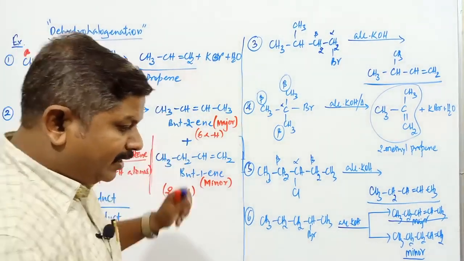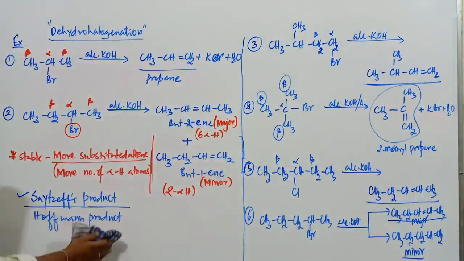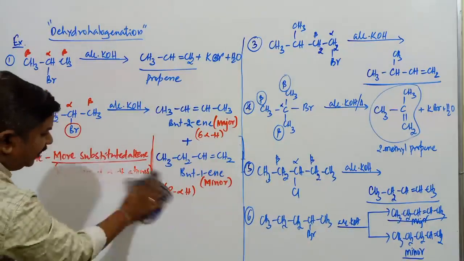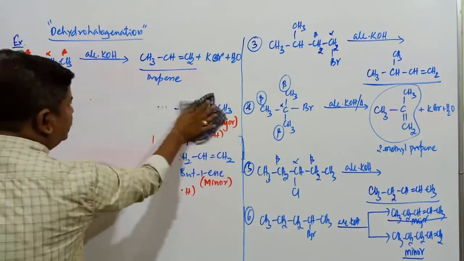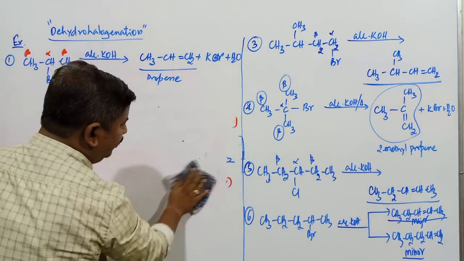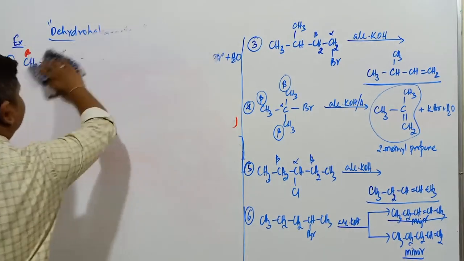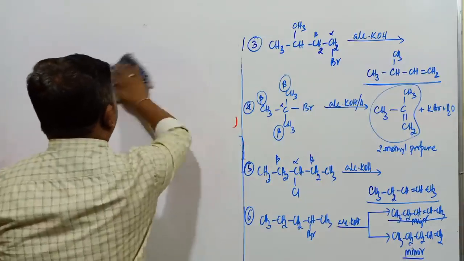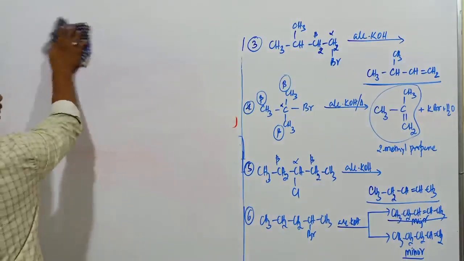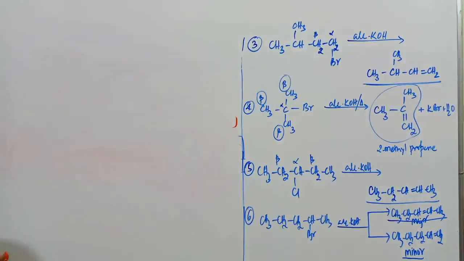The minor product is usually the Hofmann product and the major product is the Saytzeff product. So this is about dehydrohalogenation of alkyl halides. Whether it takes place through E1 or E2 depends upon the conditions, whether we are using a strong base or a weak base. Using these conditions, you can identify whether it follows the E1 or E2 mechanism.